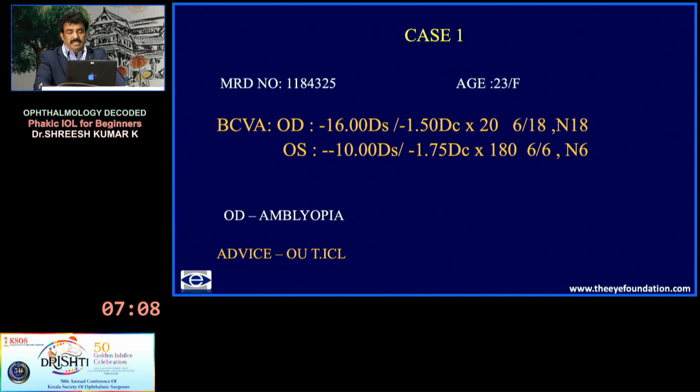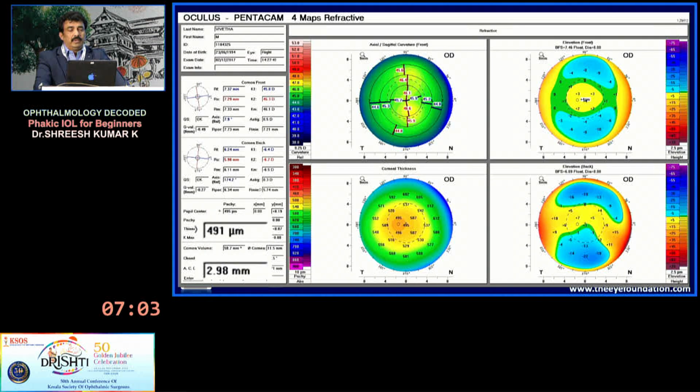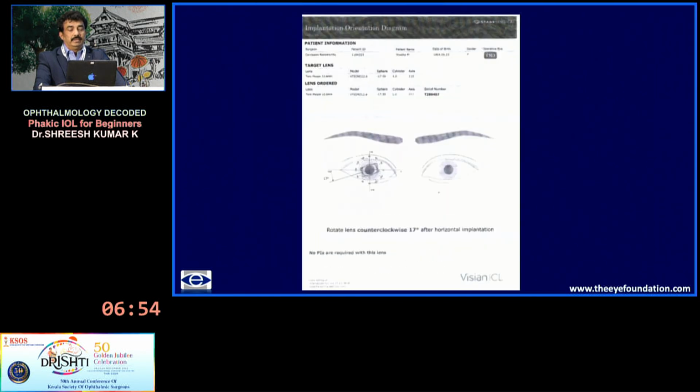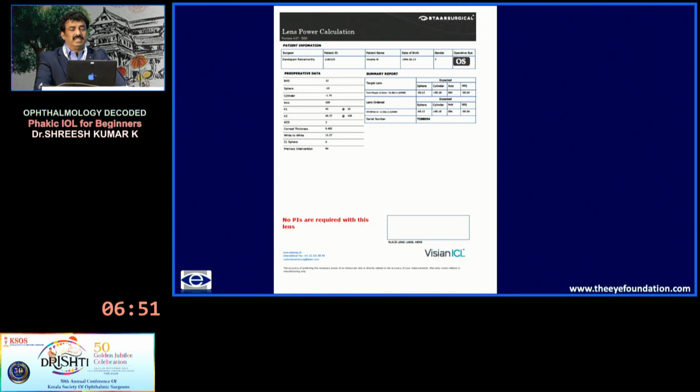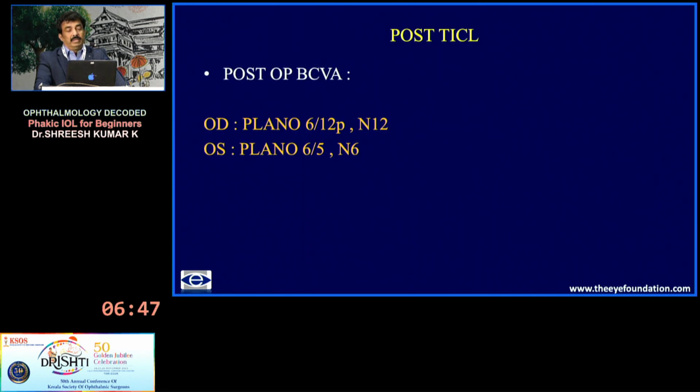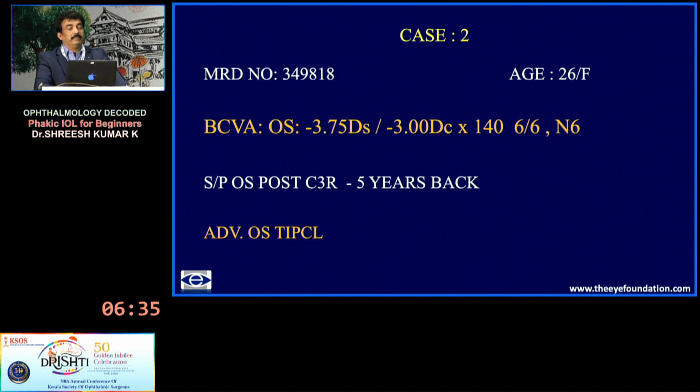The best corrected visual acuity is 6/18 in the right eye and 6/6 in the left eye, and the anterior chamber depth is sufficient, 2.98 millimeters, the other eye 2.9 millimeters, and this is the toric ICL implantation. Post-operatively, the patient has improved to 6/12 in the right eye and 6/5 in the left eye. So there is half a line improvement in the right eye and 1 line improvement in the left eye.